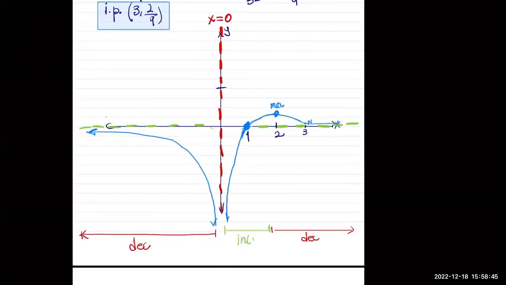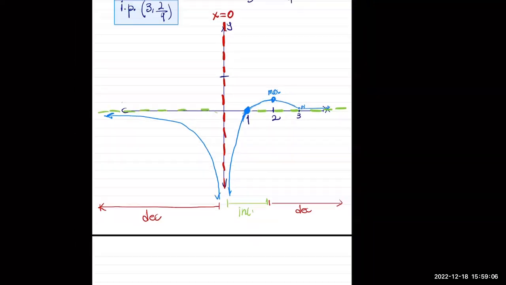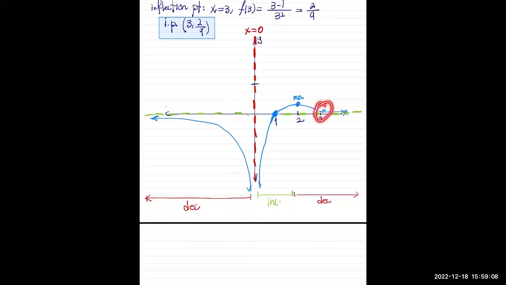All right. So again, increasing, decreasing, right? Increasing concave down, decreasing concave down, decreasing concave up. Concavity is changing at that point.